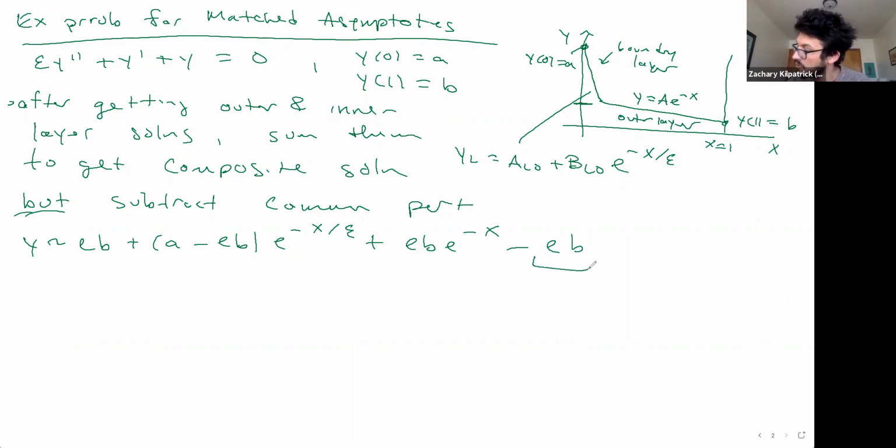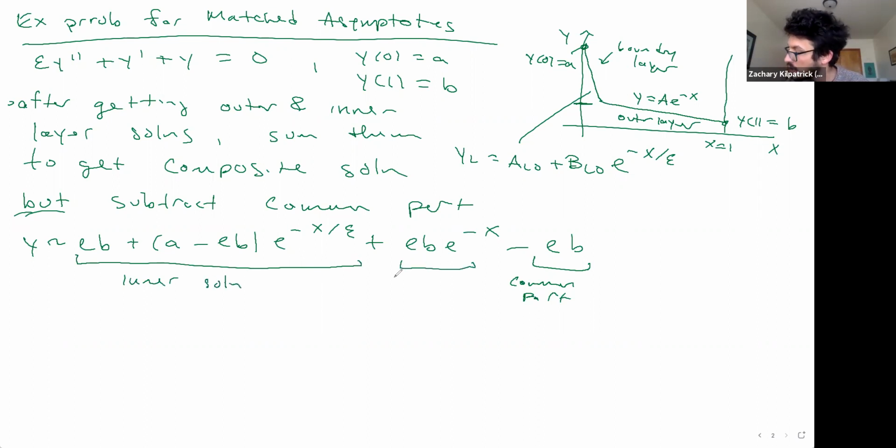So this is our common part here. This is our inner solution, and this is our outer solution. So that's a general idea of pretty much all matched asymptotic methods.